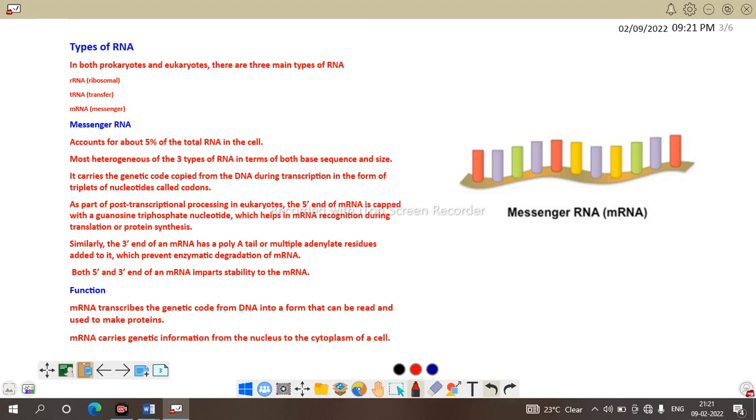Similarly, the 3' end of mRNA has a poly-A tail of multiple adenylate residues, which prevents enzymatic degradation of mRNA. Function: mRNA transcribes the genetic code from DNA into a form that can be read and used to make protein. mRNA carries genetic information from the nucleus to the cytoplasm of the cell.